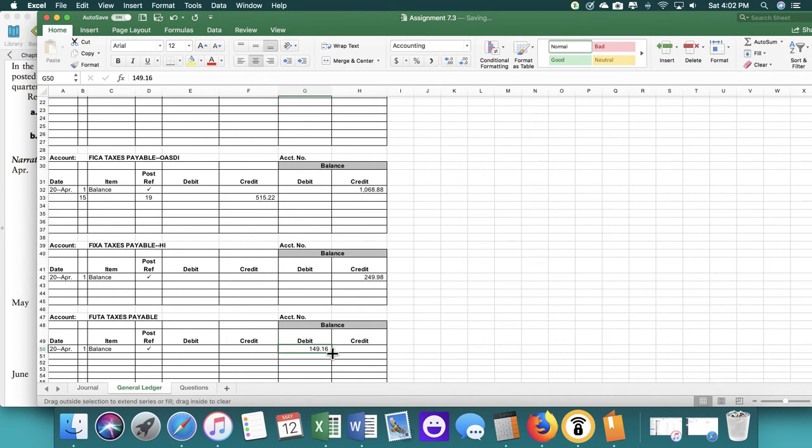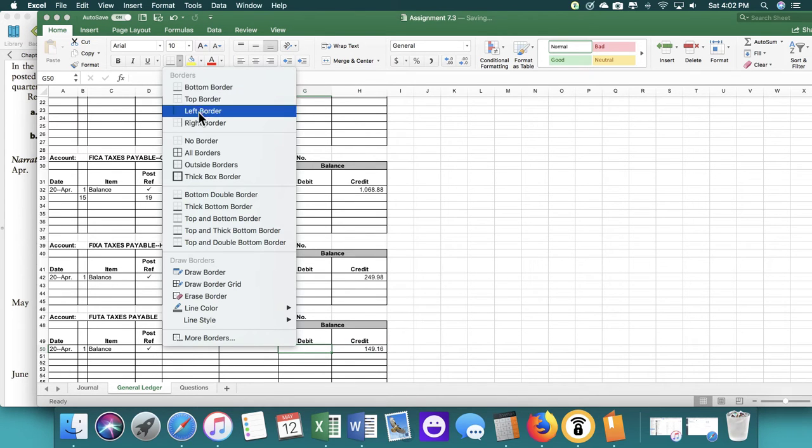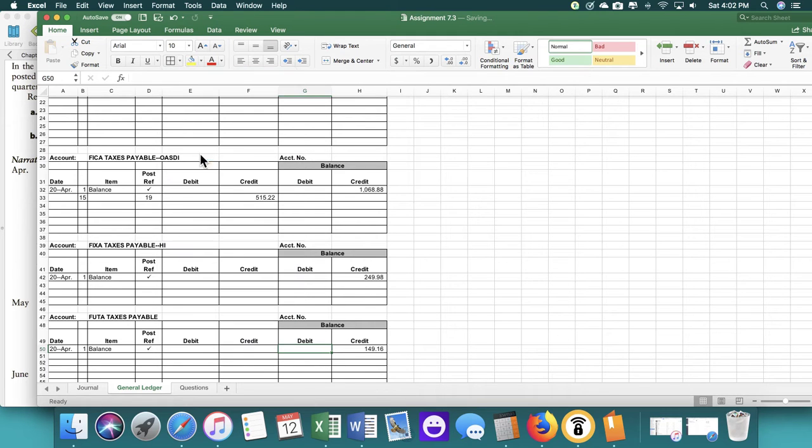And again, you would just go through and transfer the information throughout the rest of the journal. I am going to pause the video, finish filling out the general ledger, and then we'll go to the last part, which is C, which is answering the questions.